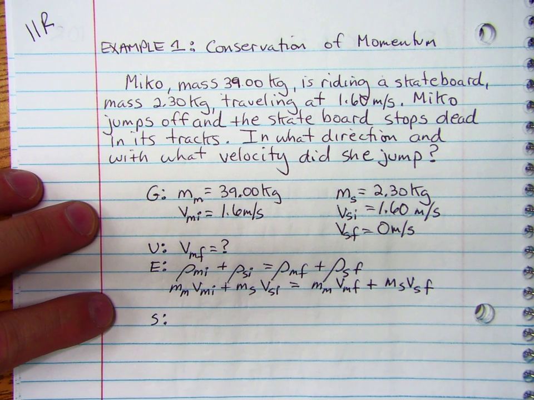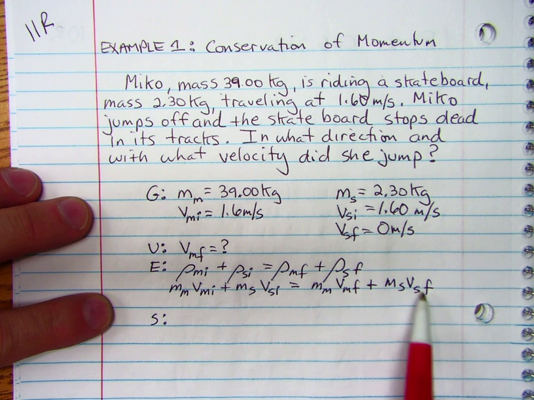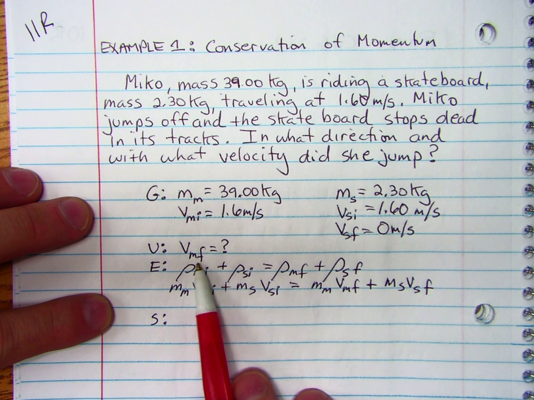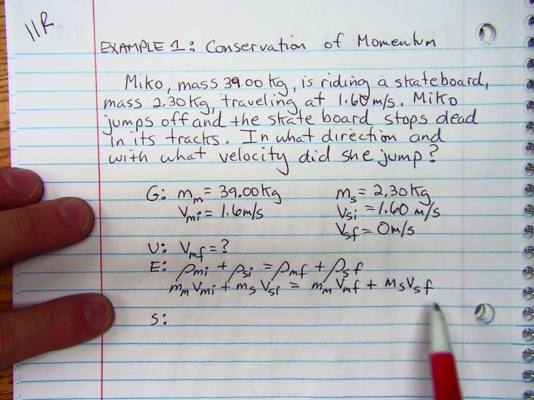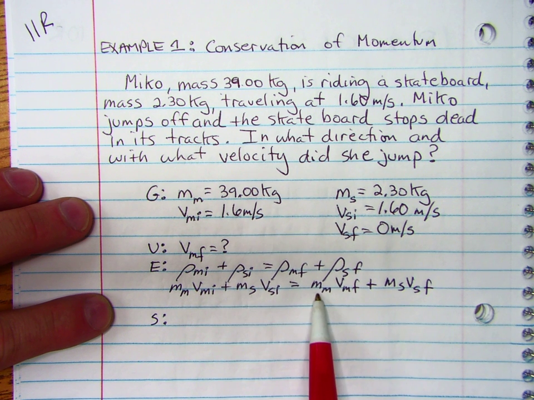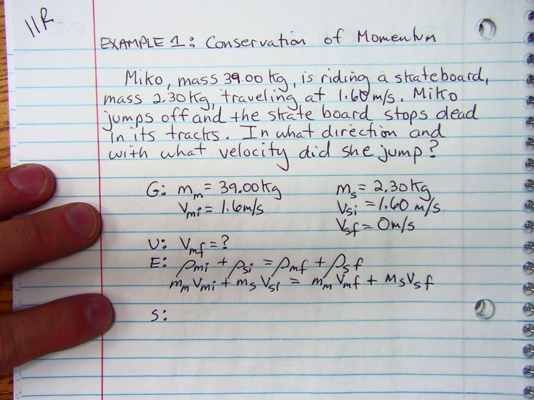At this point, if you are good at manipulating equations with variables, manipulate this equation so that you end up with the velocity of Miko finally on one side of the equal sign and every other variable on the other side. That's going to take you moving this factor over here and dividing the whole thing by the mass of Miko. If you are not good at that, then plug in the values first, then do the manipulation.